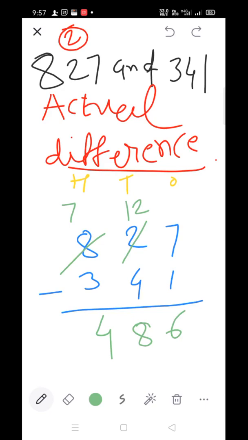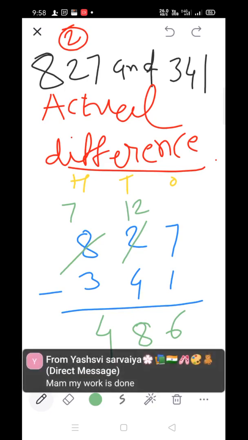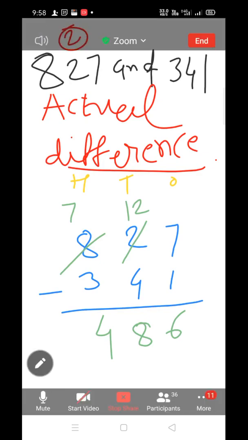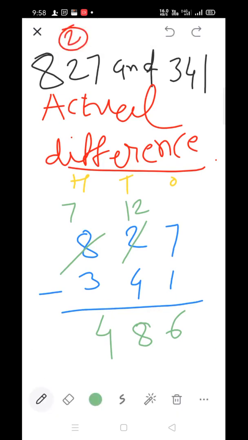Okay, write down the third one. Estimate the difference. Mute yourself first. Your parents are talking here behind us. Write down the third example.